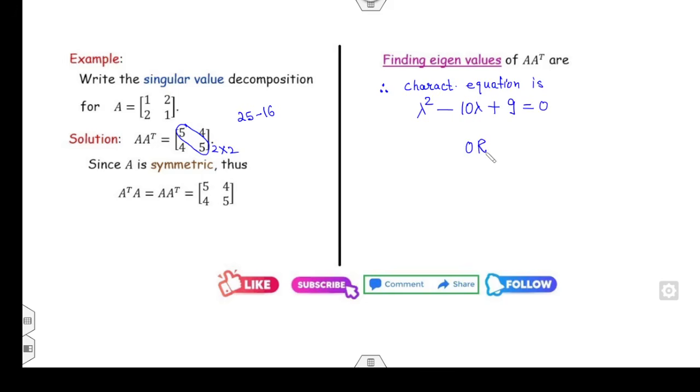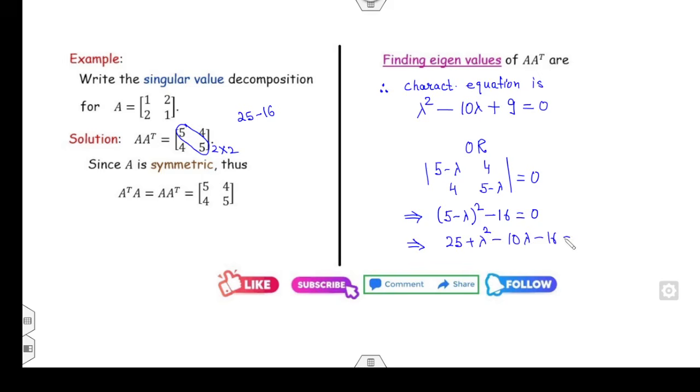Or you can write the characteristic equation as the determinant of 5 minus lambda, 4, 4, 5 minus lambda. So can you solve this determinant? This will be (5 minus lambda) square minus 16 is 0. So that will be 25 plus lambda square minus 10 lambda minus 16 equal to 0, and you can see the same answer obtained. So the choice is on your side.